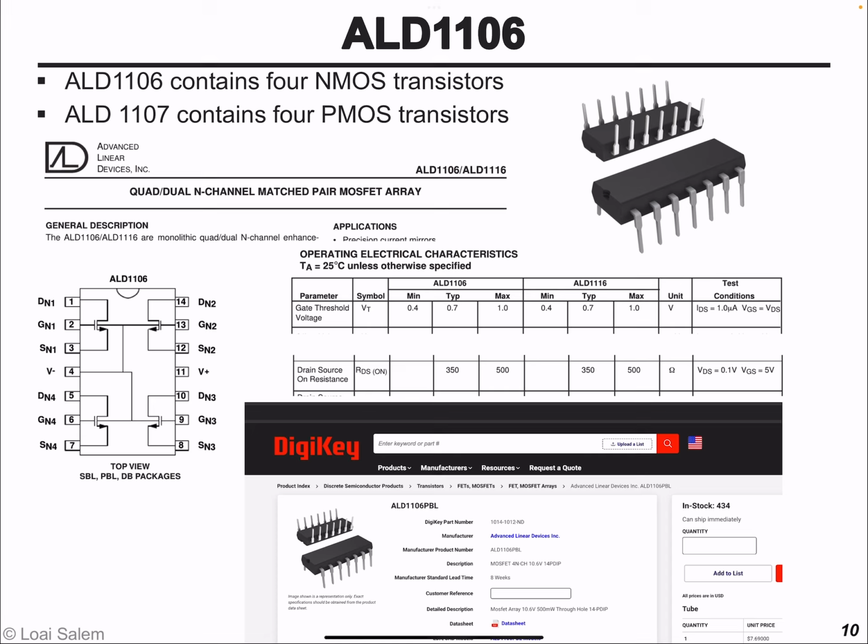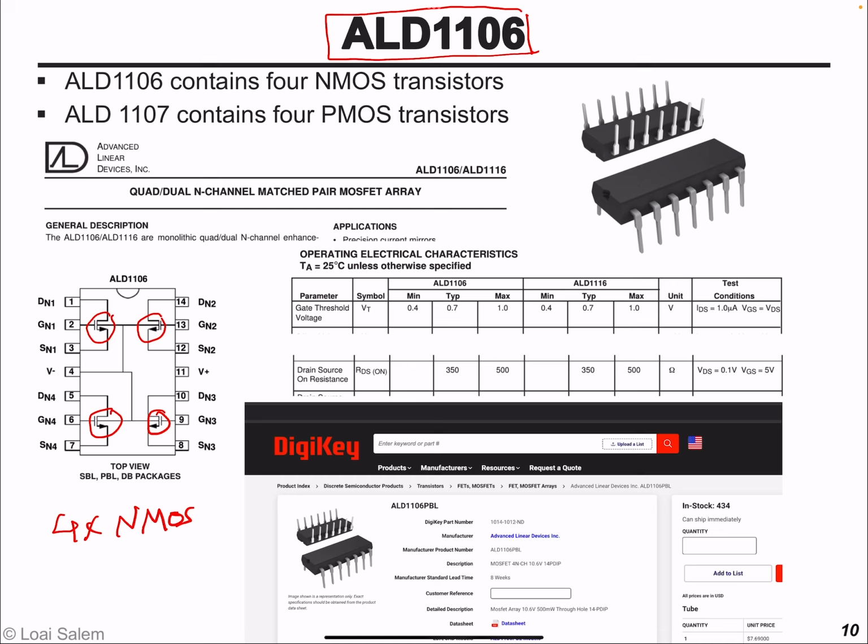Now, this is a more practical example, an actual integrated circuit, an IC, that contains 4 NMOS transistors.